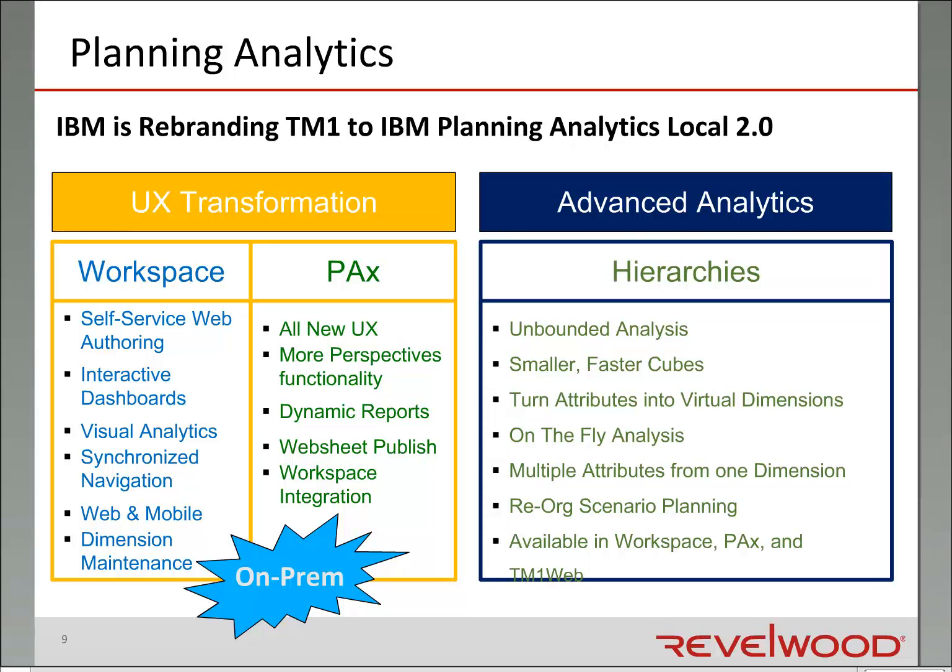And what hierarchies are is they allow you to have independent hierarchies that look to you as independent dimensions. The key thing here is if you have a dimension that has attributes to it, the easiest one to probably describe is a product dimension, where each of your product codes has an attribute to it.